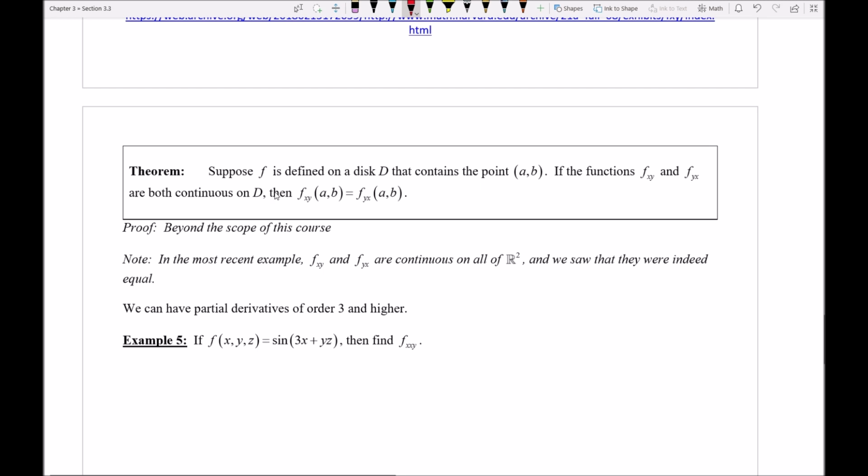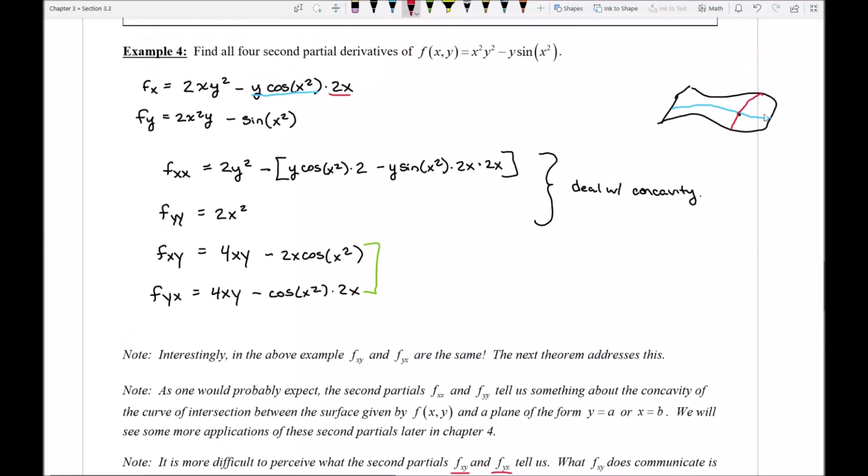Okay, here's the theorem that becomes really, really interesting for us, and we'll return to it later on in the course. Suppose that f is defined, that is, my function is defined on some set of x, y values, down here in the xy plane, right? So imagine there's some disk of x, y values down here where I know the function exists above that.